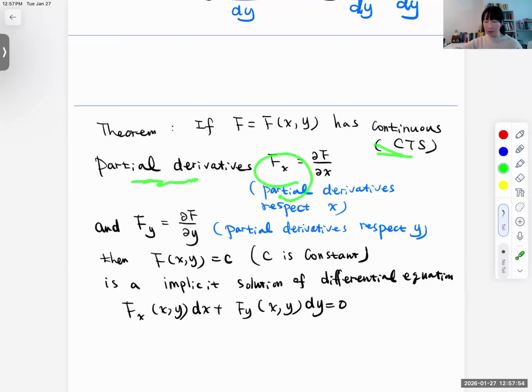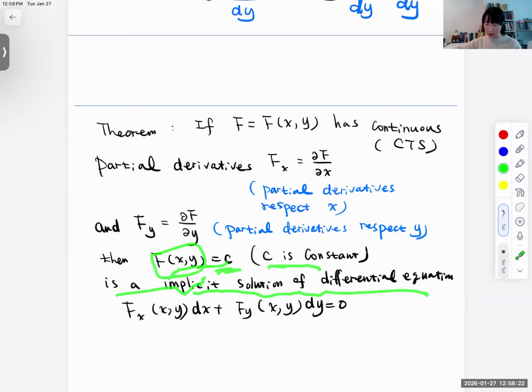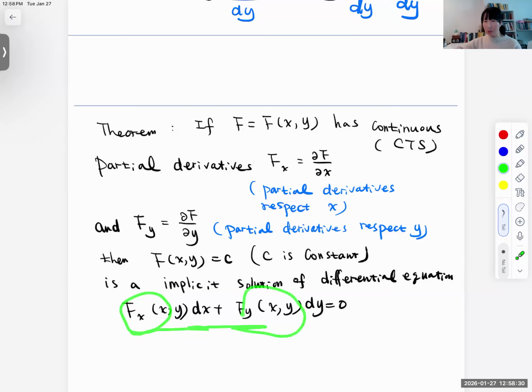Then the partial derivative with respect to x and the partial derivative with respect to y. Then if the function equals c, where c is a constant, it is an implicit solution of the differential equation. The form is the partial derivative with respect to x plus the partial derivative with respect to y equal to 0.